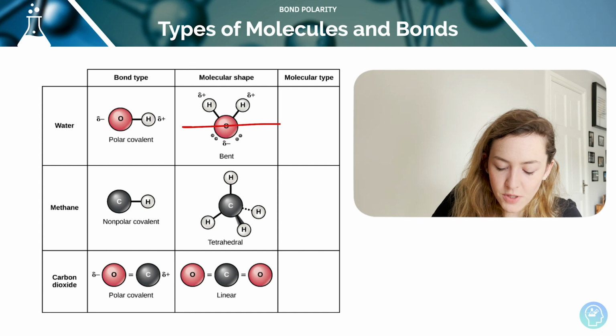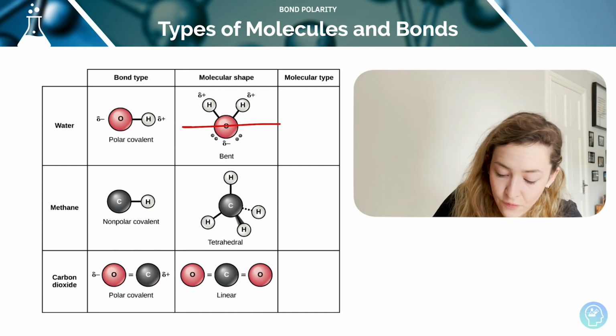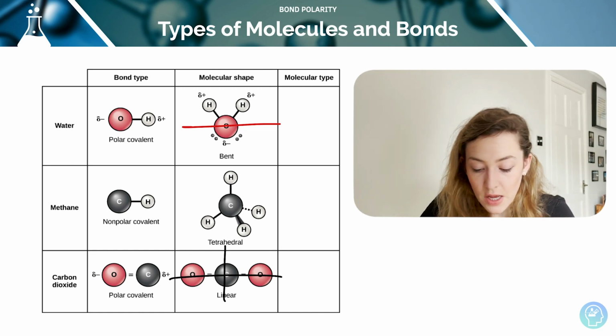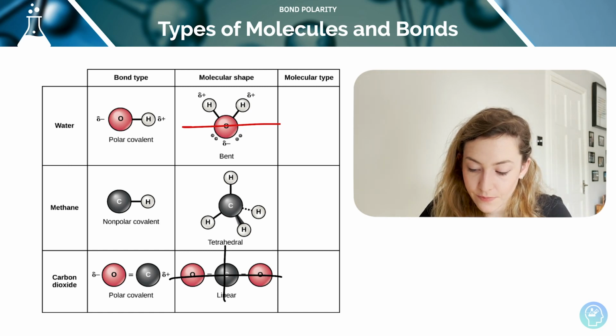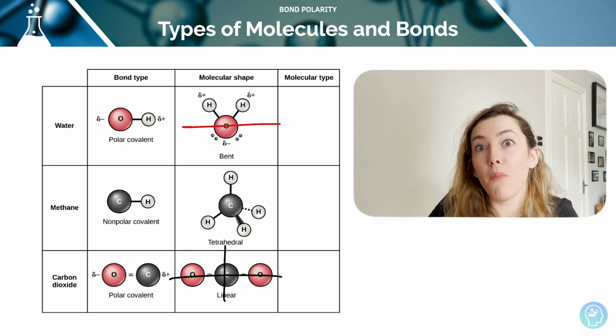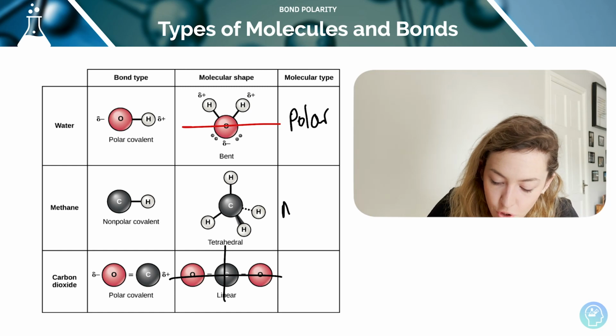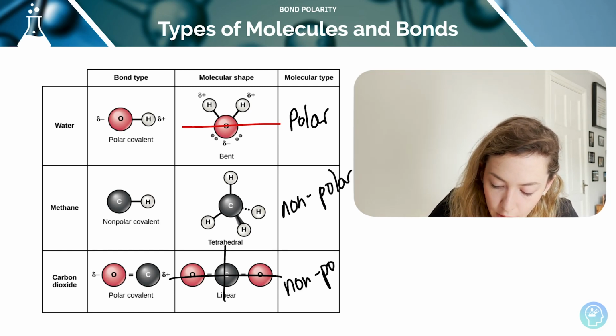And carbon dioxide, like I said, we have got polar bonds between the O and the C, but we've got that full symmetry on all planes, so they're going to cancel out. So no permanent dipole. In terms of the molecule, water is polar, methane is non-polar, and carbon dioxide is non-polar.